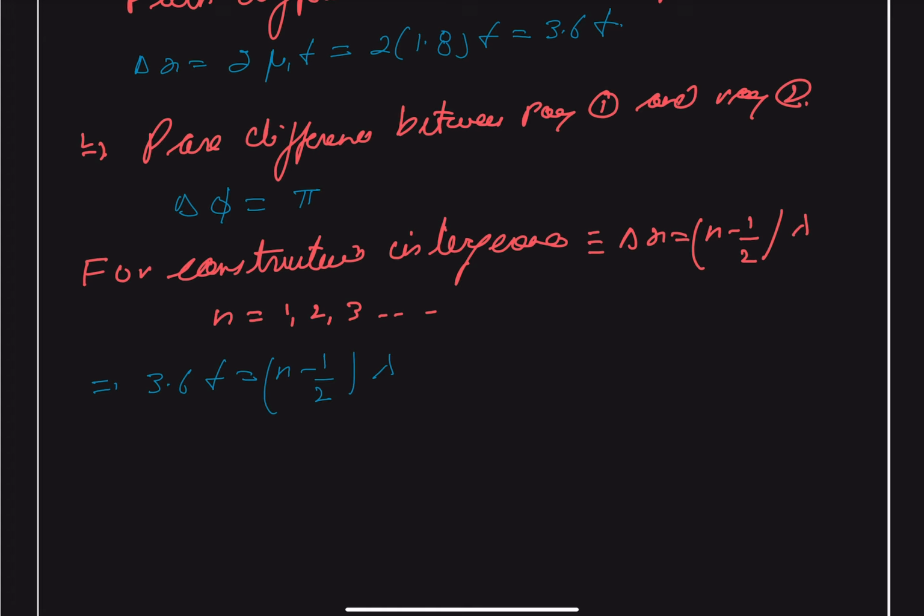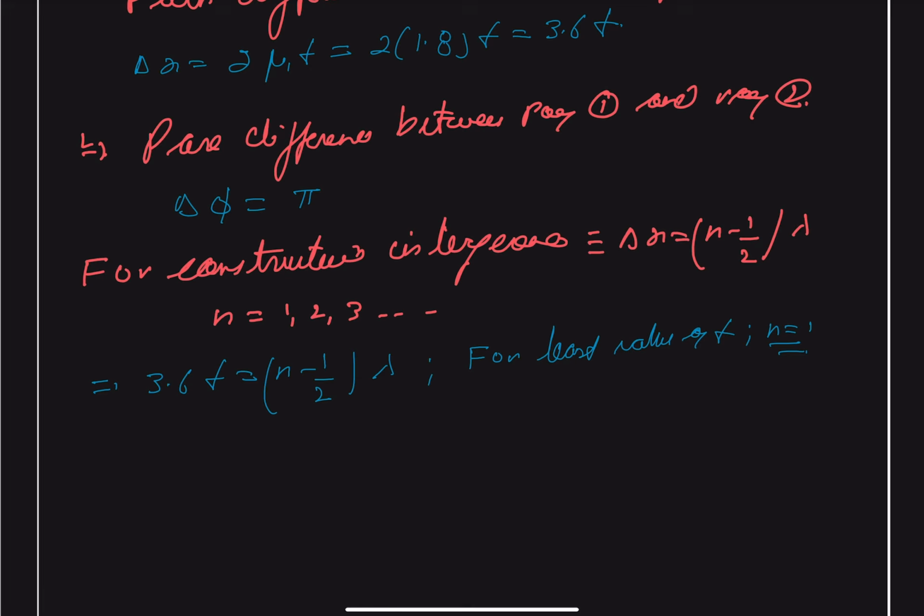And for the least value of t, which obviously corresponds to n equal to 1, our n should be equal to 1.